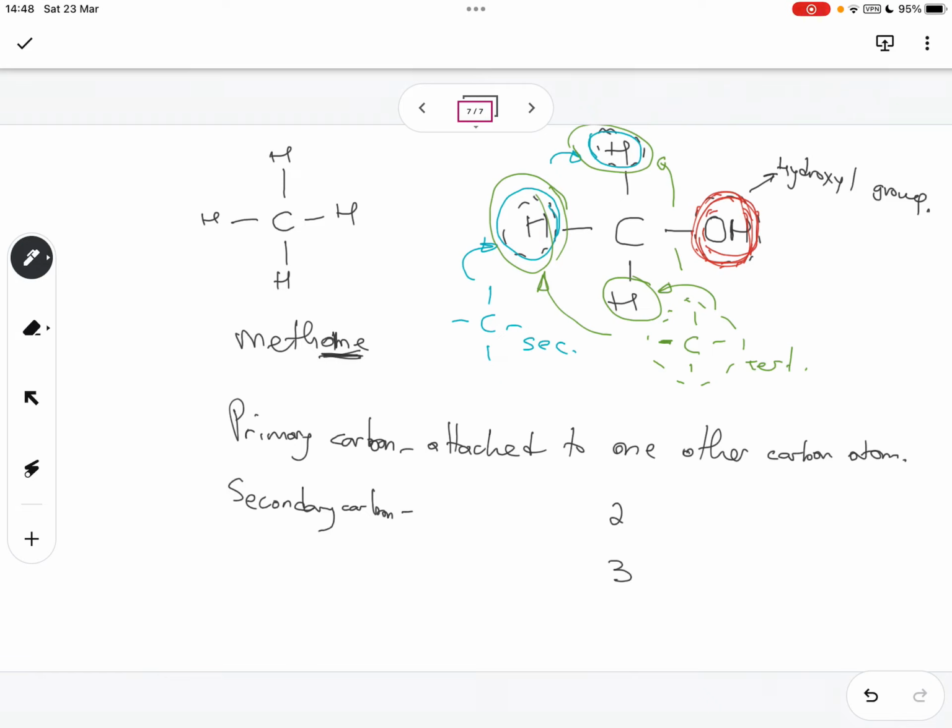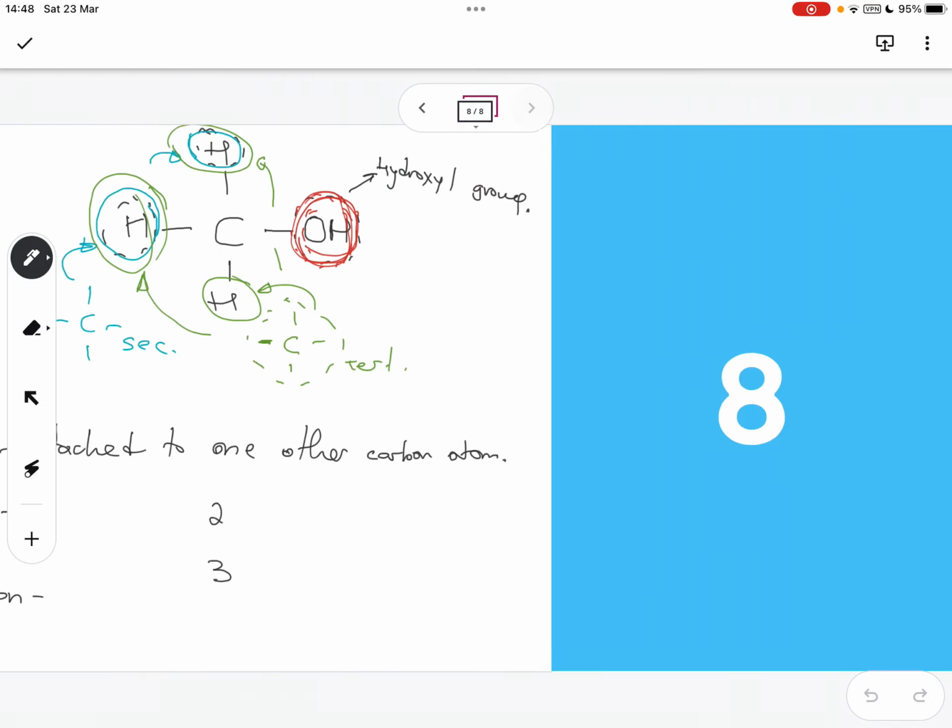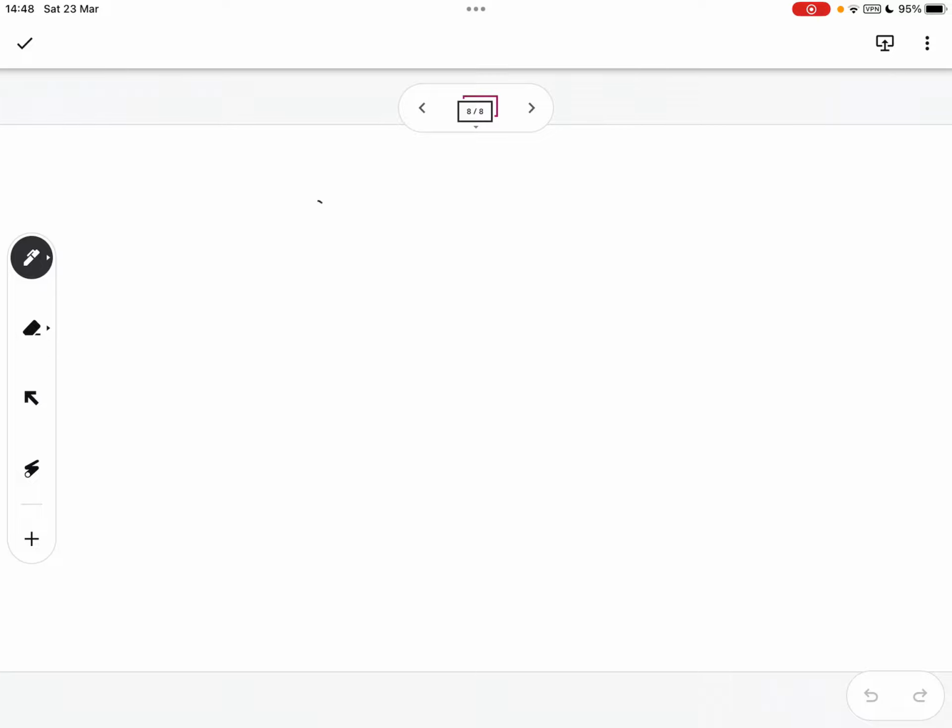Oh, you get it. You're just reading there. Well, I'm just describing the picture. So let's think about it this way. I'm just going to draw a sketch. It makes sense. So the carbon that the hydroxyl is bonded to must be bonded to three other carbons for it to be a tertiary alcohol.